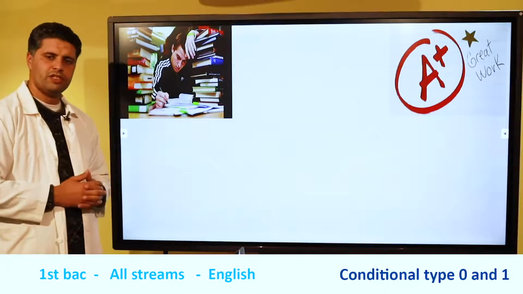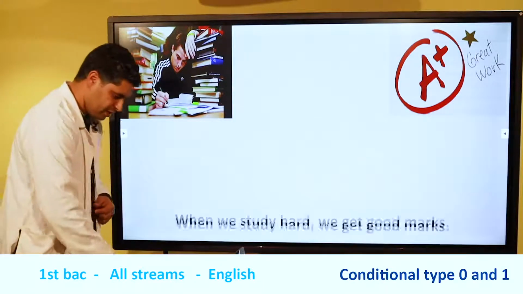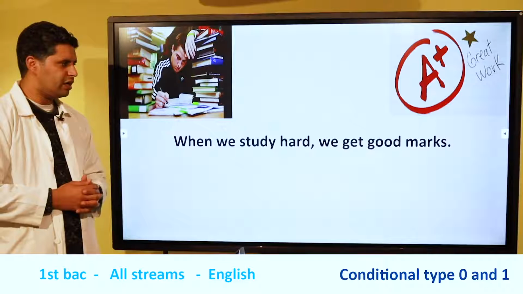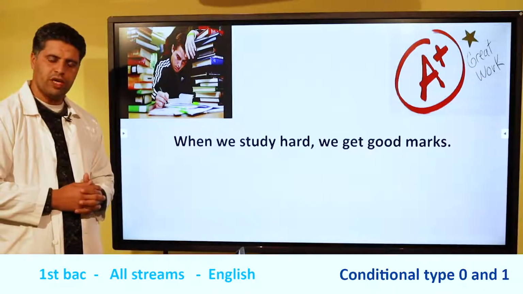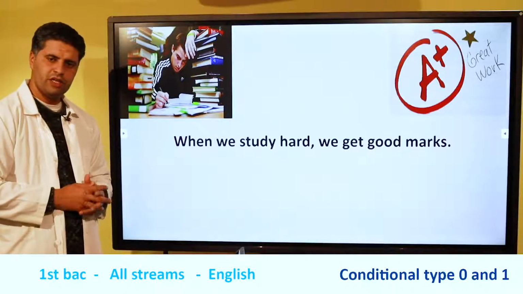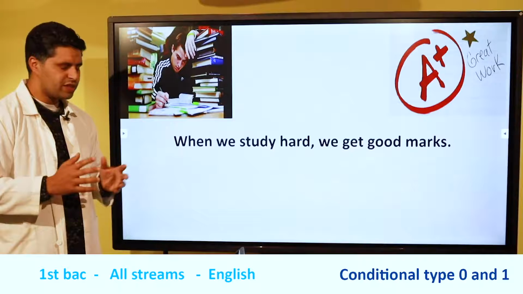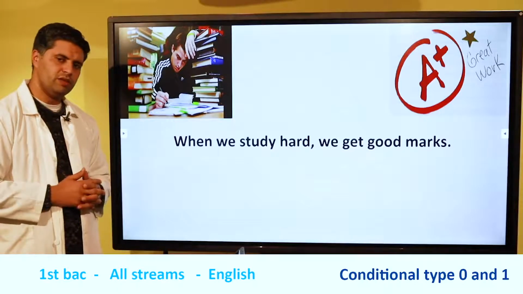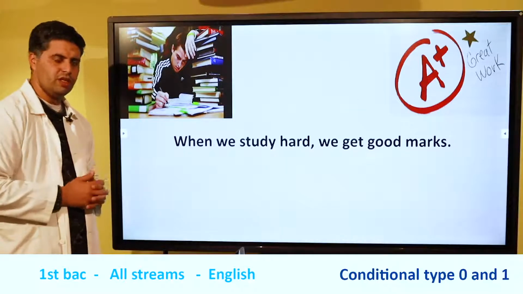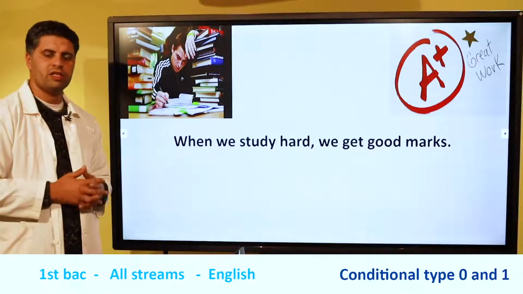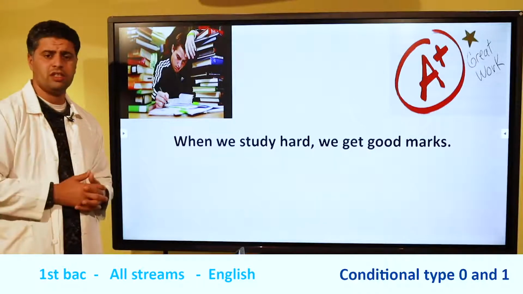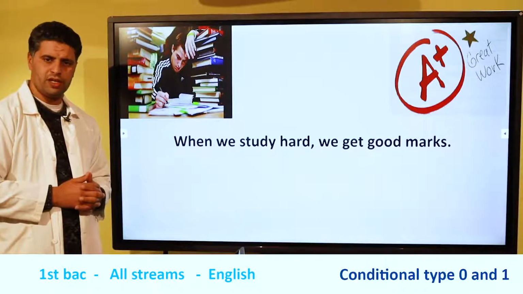To express this, we may say, when we study hard, we get good marks. It means that to get good marks, there is a condition, which is studying hard. Or we get good marks on condition we study hard.